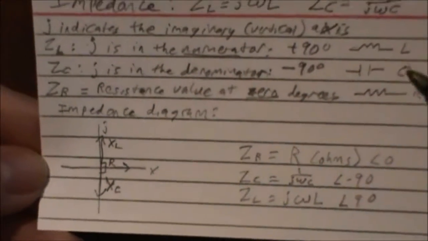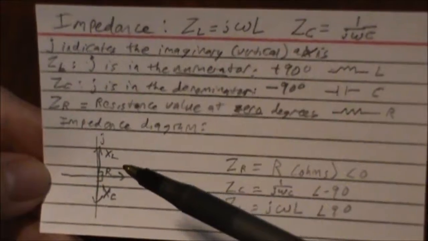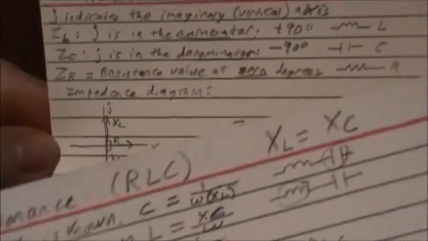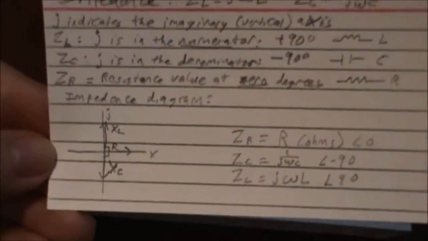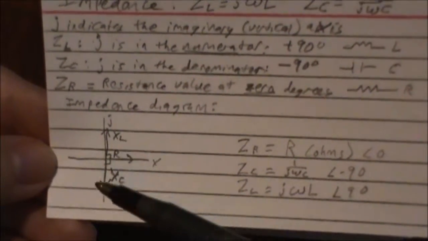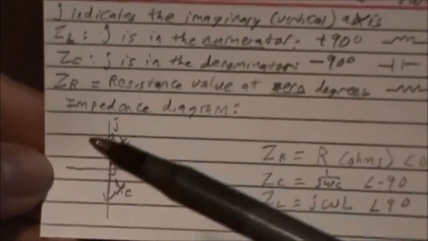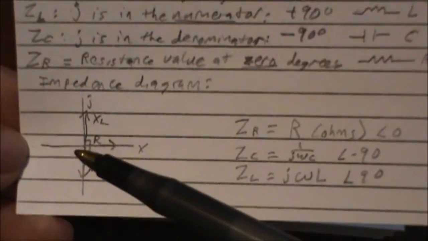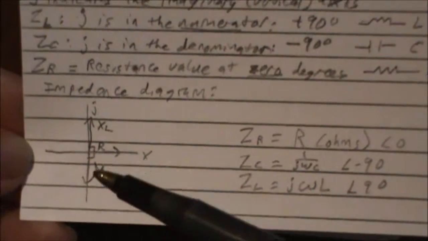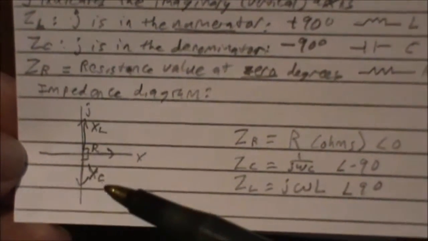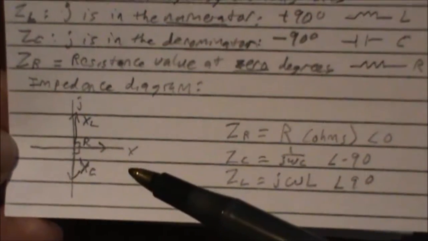So now you can see why, when we think about resonance, if the magnitude of XL is equal to the magnitude of XC, and we have our sinusoidal waveform on our Cartesian plane, then because they're at these two different angles, they're going to cancel each other out when you apply the angles.